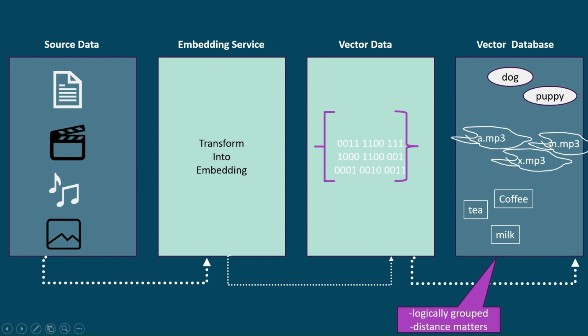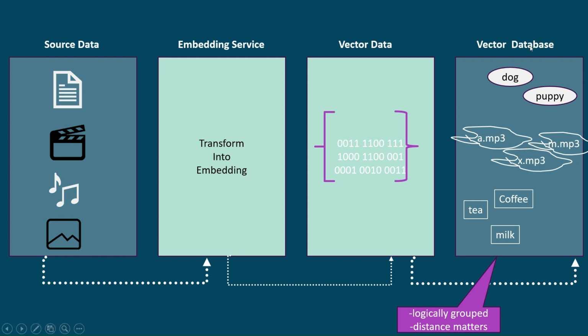These are the image files and these are the other set of files. So these are positioned close to each other and dissimilar items further apart. This spatial arrangement allows similarity to be measured mathematically, enabling applications like search, recommendation, and classification to operate based upon meaning rather than exact match.